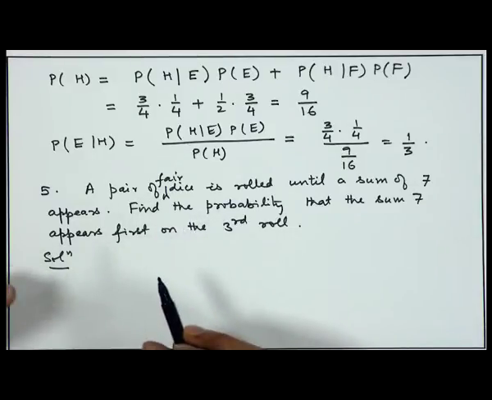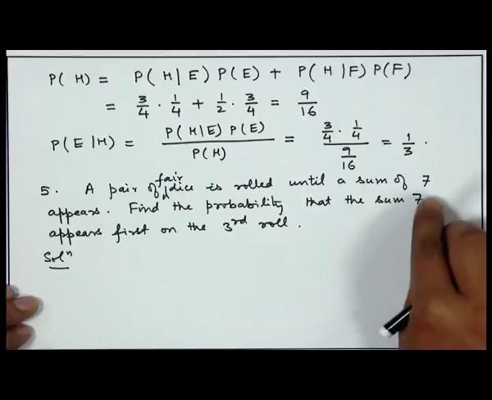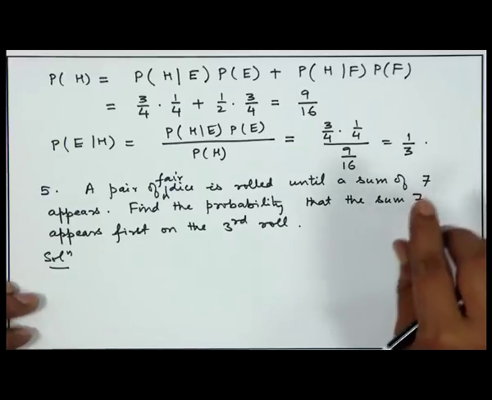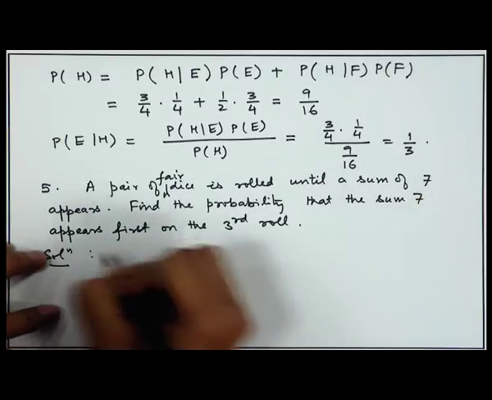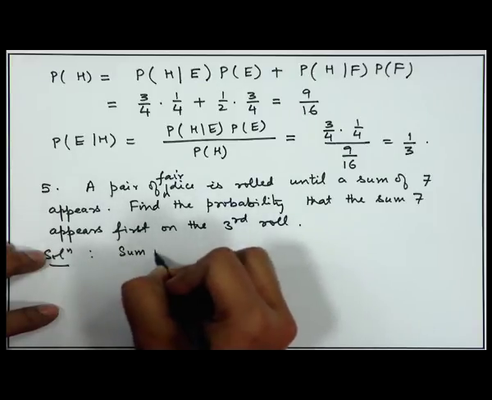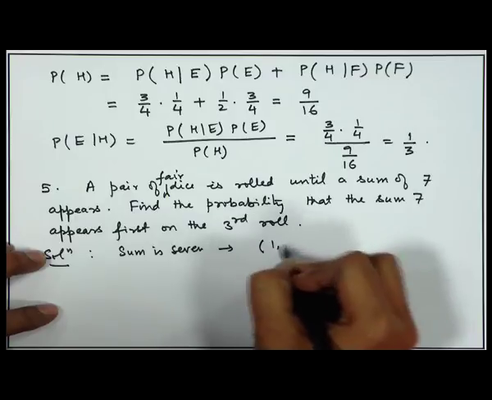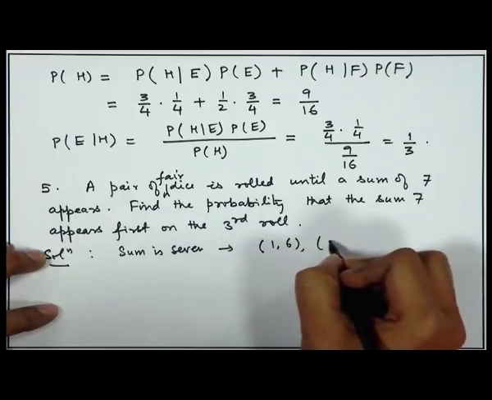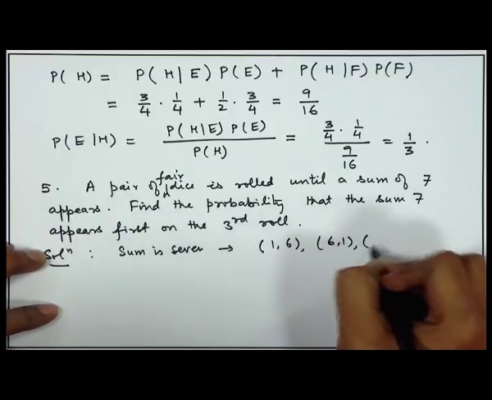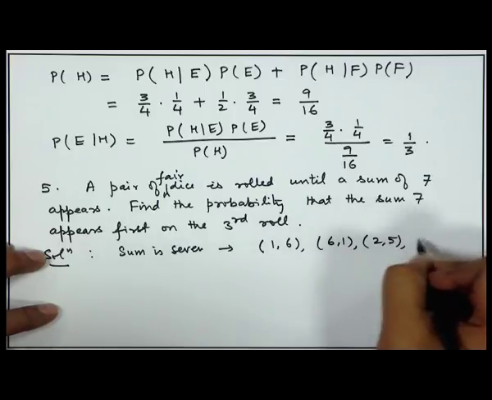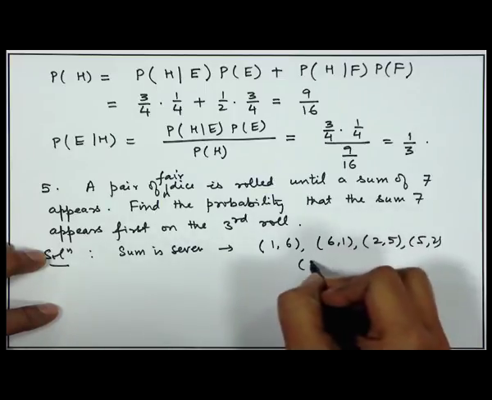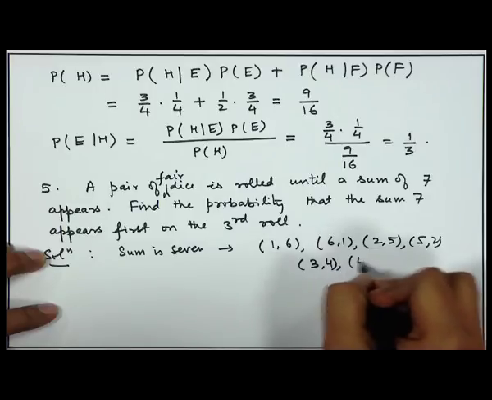Now, out of those 36 cases, which cases lead to the sum 7? So, let us look at the possibilities here. If we say the sum is 7, then we can have 1 6 and of course 6 1, then we can have 2 5 and 5 2 and then 3 4 and 4 3.